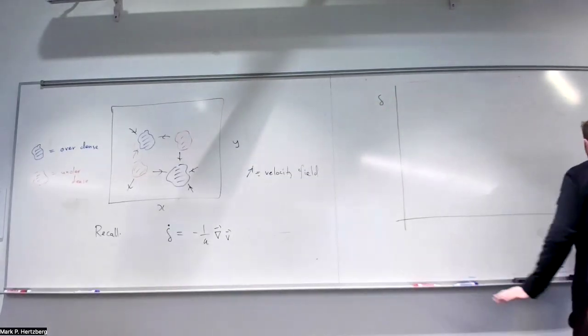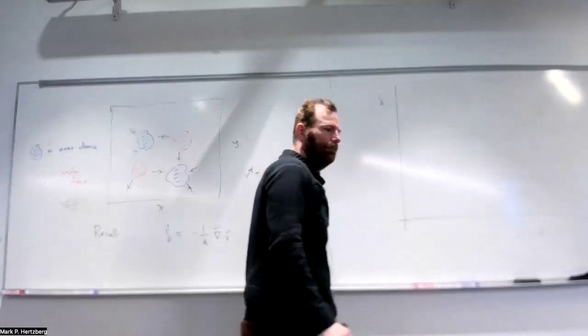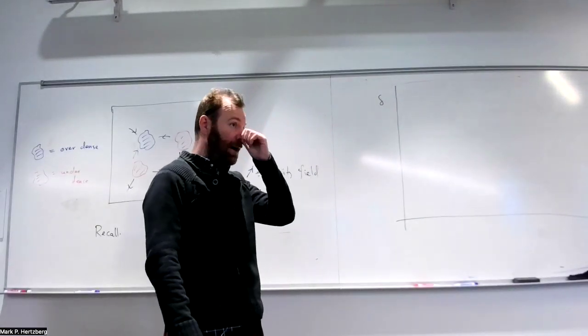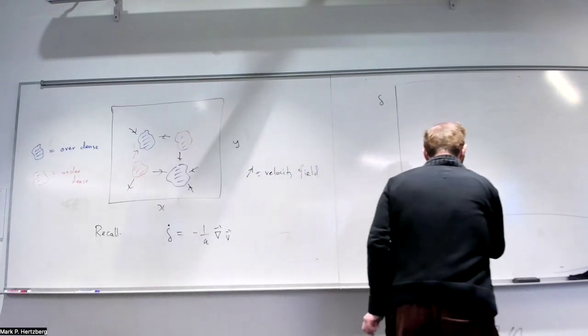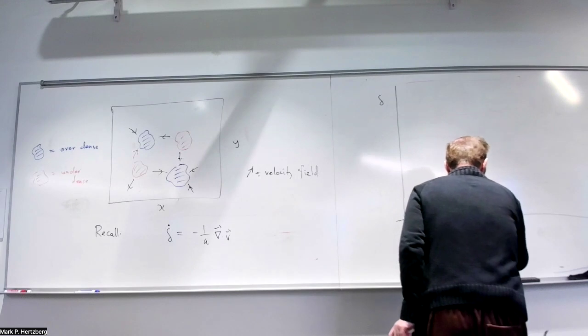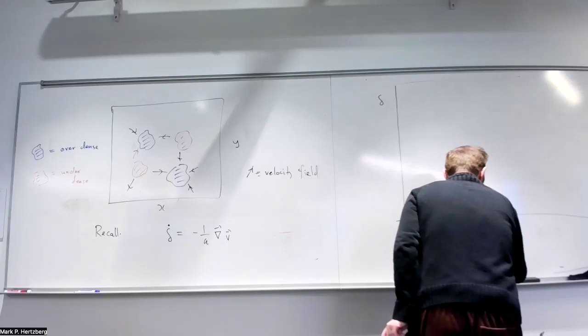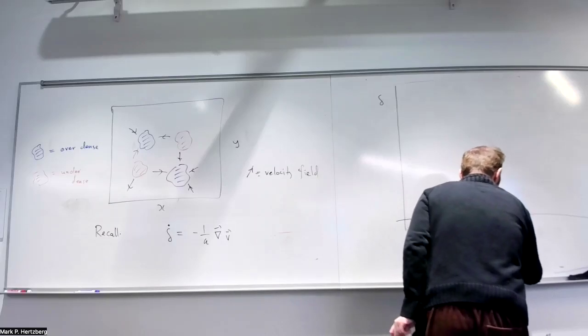I'll put scale factor here, it's kind of easiest, and time just to the right. So let's mark on our eras of interest. Here is, let's say, a equality is 1 over 3,600, or t of 47,000 years.